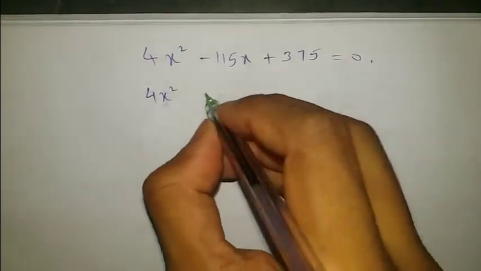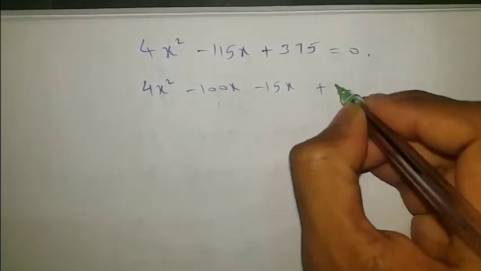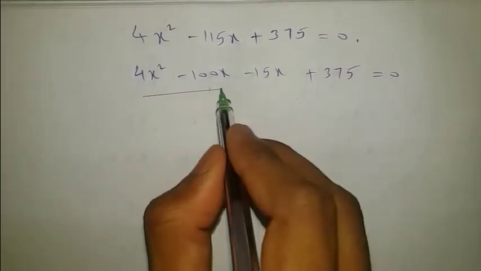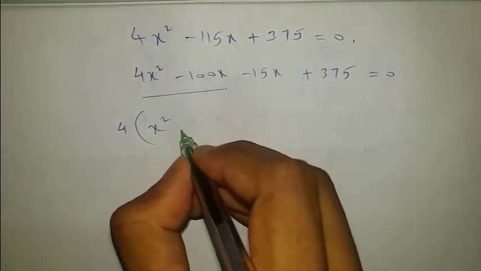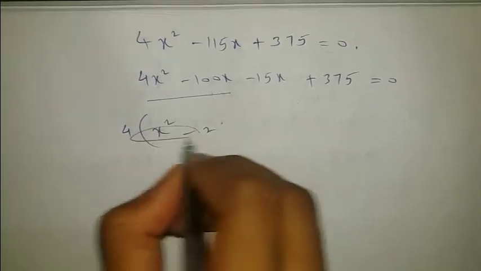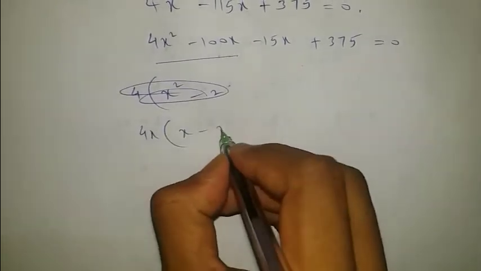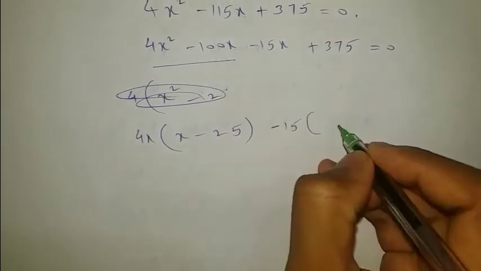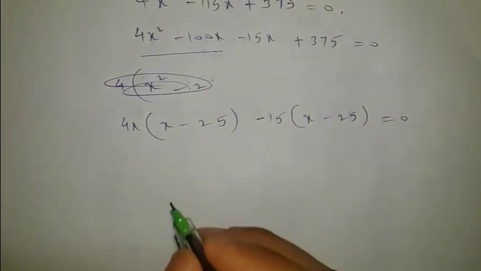Okay, so if you go with splitting the middle term into two terms, 4x square as it is, minus 115 can be written as minus 100 minus 15, so minus 100x minus 15x plus 375 is equal to 0. From these two I will take 4x common, so we remain with x minus 25. From these two I am taking minus 15 common, so we remain with x minus 25 is equal to 0.